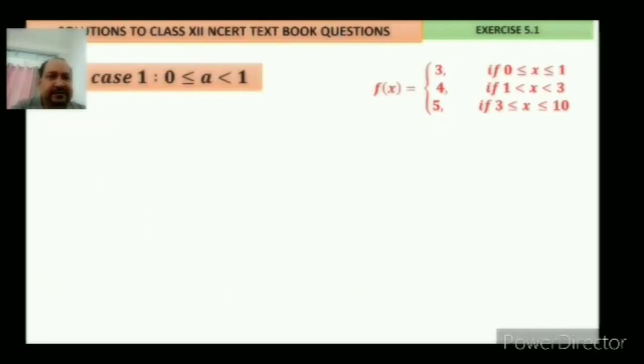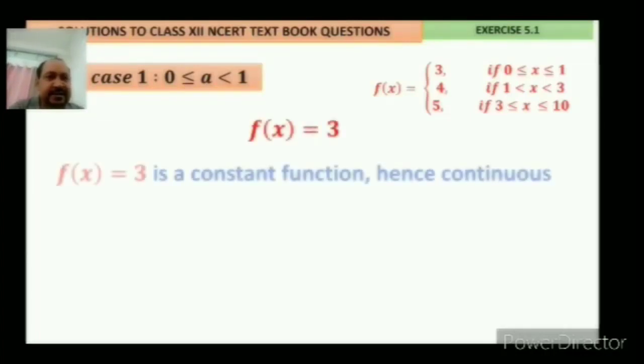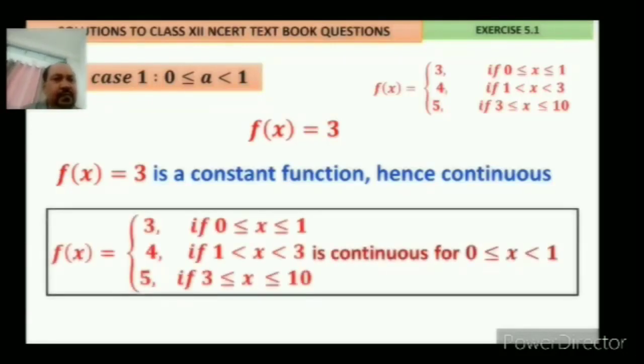So case 1, when a is greater than or equal to 0 but less than 1, f of x equals 3, the functional value at this condition equals 3. So f of x equals 3 is a constant function, hence it is continuous.